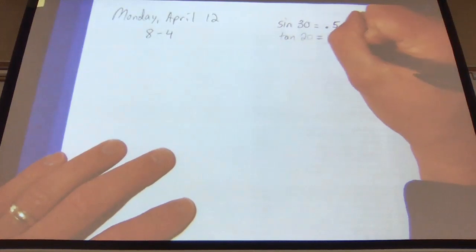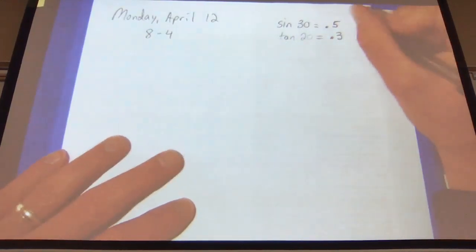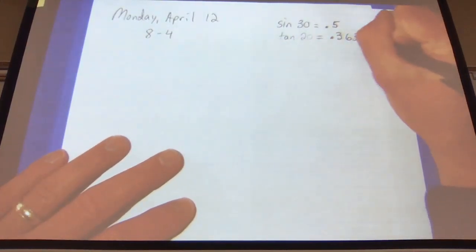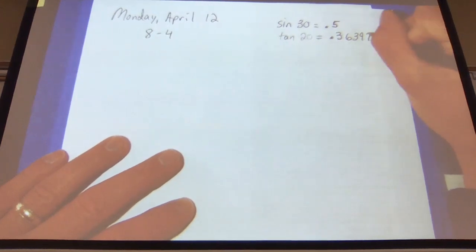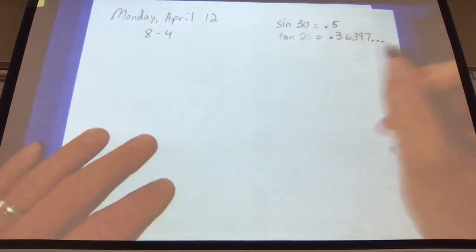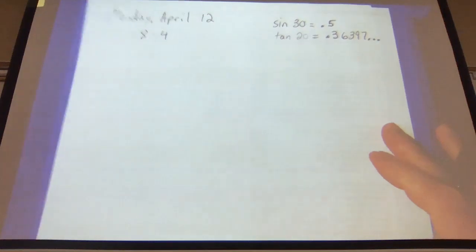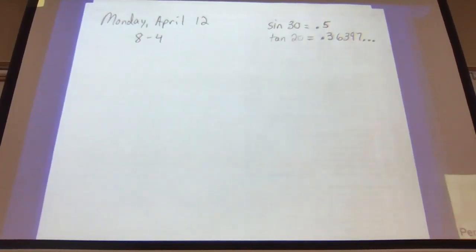Tangent of 20 is about 0.3697, and there's some other numbers behind it. Now, it's very important that you get those numbers. If you're not getting those numbers, then we need to change the mode on your calculator. Anybody need their mode changed on the calculator? Okay. Then we should be ready to roll.